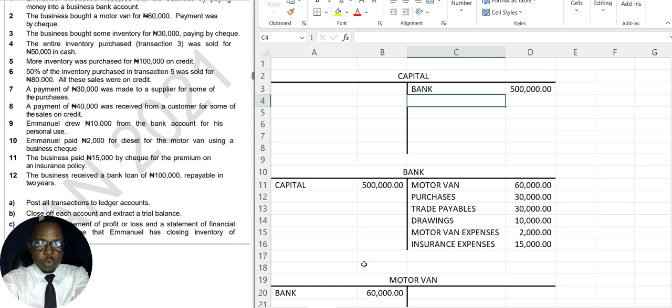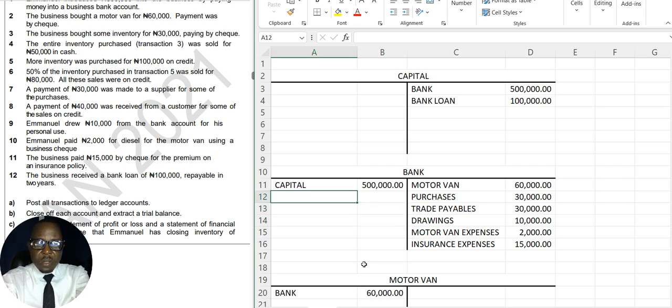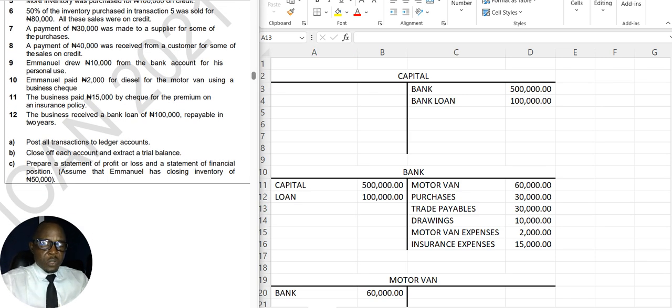Receive a bank loan. Put bank loan 100,000. All right, come to bank and put loan as. All right, I think that solves the 12 transactions.